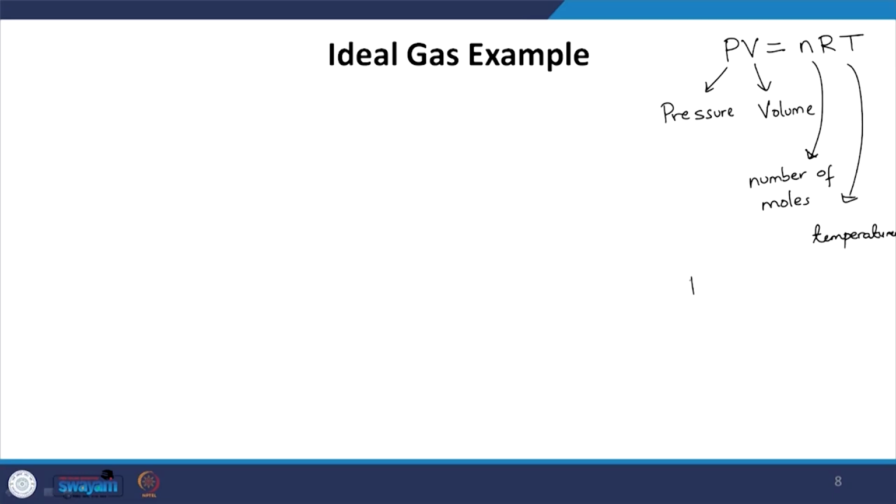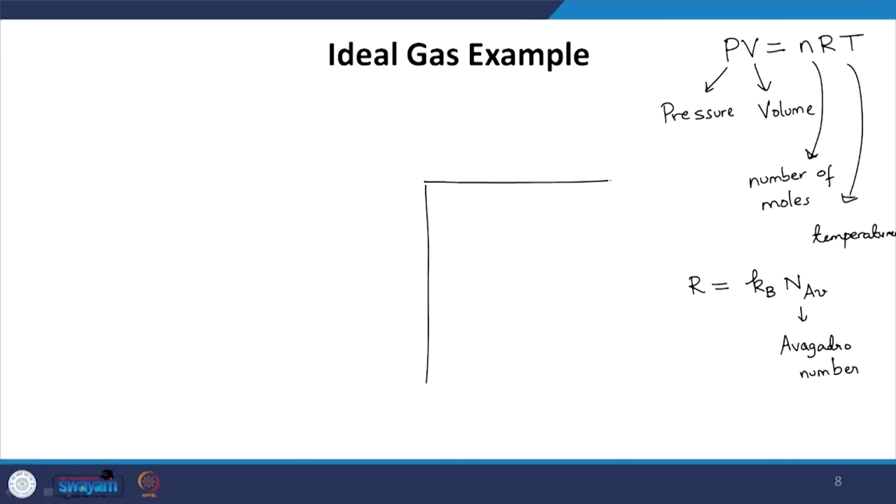And this R happens to be the Boltzmann constant multiplied by the Avogadro number. I will argue, and we will show later in the course, that we can derive this equation using the idea of statistical mechanics.